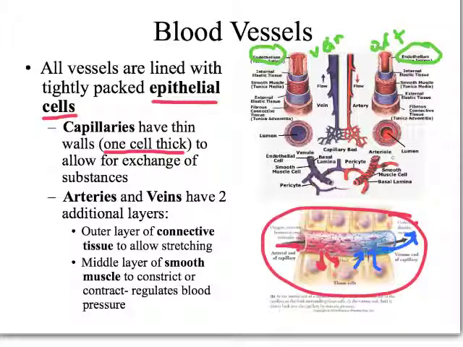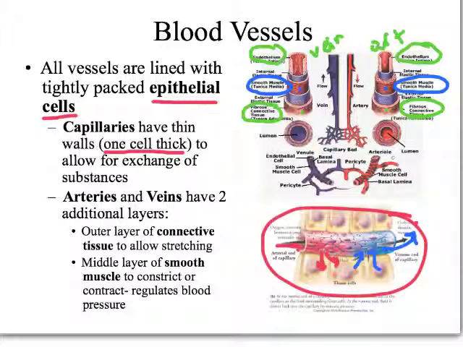So the 2 main additional layers that we'll talk about are the outer layer of connective tissue, okay, and the middle layer of smooth muscle tissue. Okay, so here's the smooth muscle, here's the connective tissue, here's the endothelium or the epithelial cells.